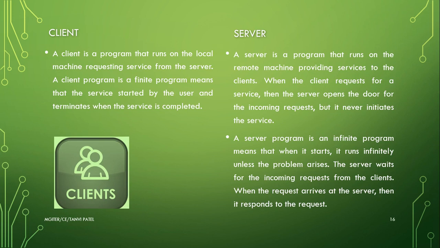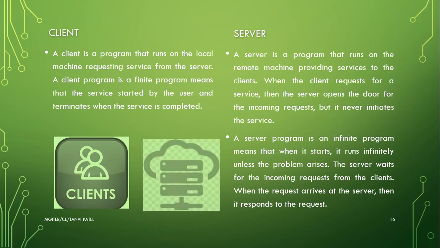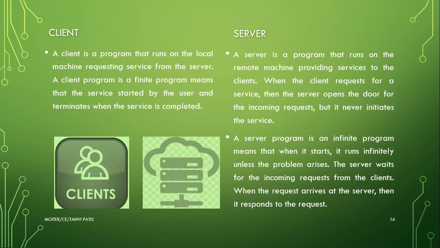A client program is a finite program, meaning that the service is started by the user and terminates when the service is completed. And a server is a program that runs on the remote machine providing services to the client. When the client requests a service, the server opens the door for the incoming request, but it never initiates the service.